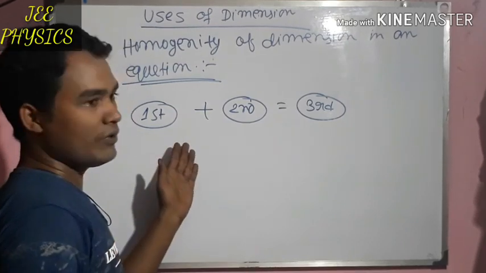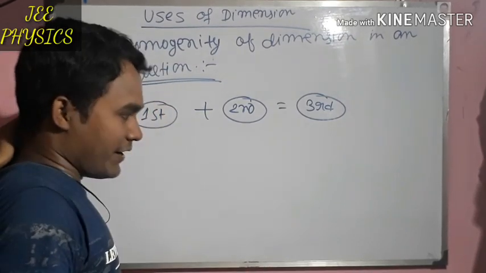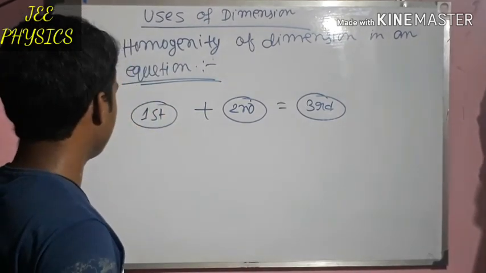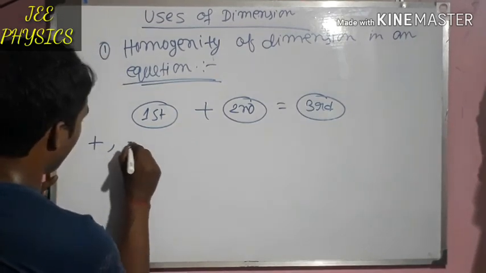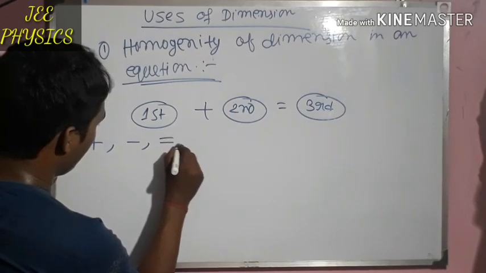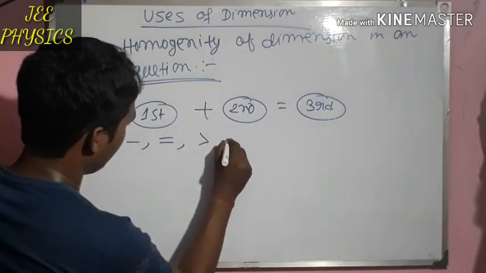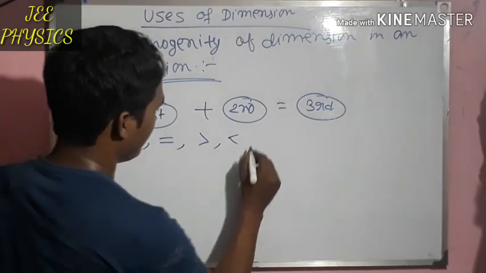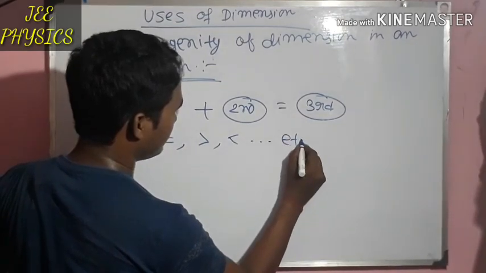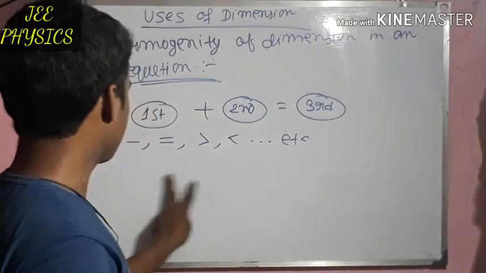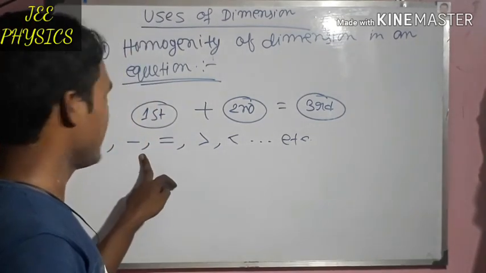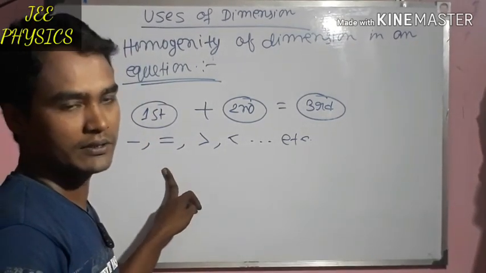Here you have a few mathematical signs, such as plus, minus, equal, greater than, less than, etc. Physical quantities on both sides of these signs will have the same dimension.